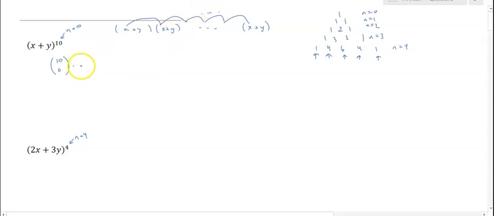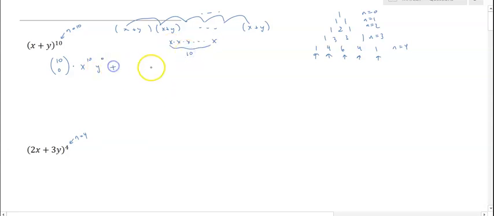So you'd have an x to the 10th term, and that's what this one is going to be, x to the 10th, and then y to the 0. Okay, so you'll have actually just one of those. If you think about it, 10 combination 0 is going to be 1, because there's only one way you get all factors of x, and that's to get x times x times x, 10 of those, right?